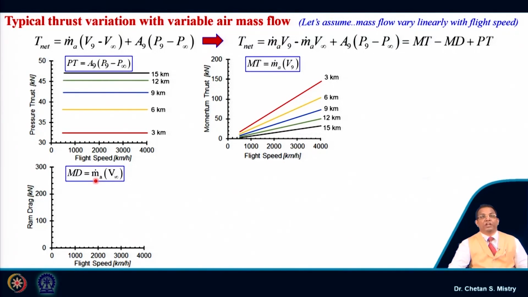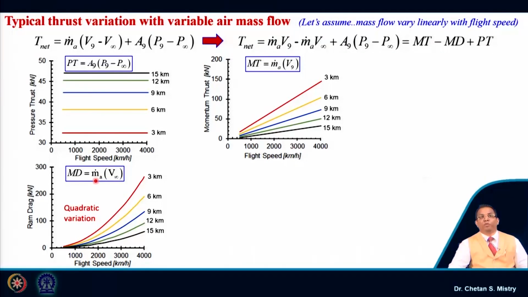So, under this condition, my momentum drag will be different. See, in the earlier case it was varying linearly. Here in this case we will have this variation in a quadratic way, and with the change of altitude you will have the change of ram drag. It is shown like this.